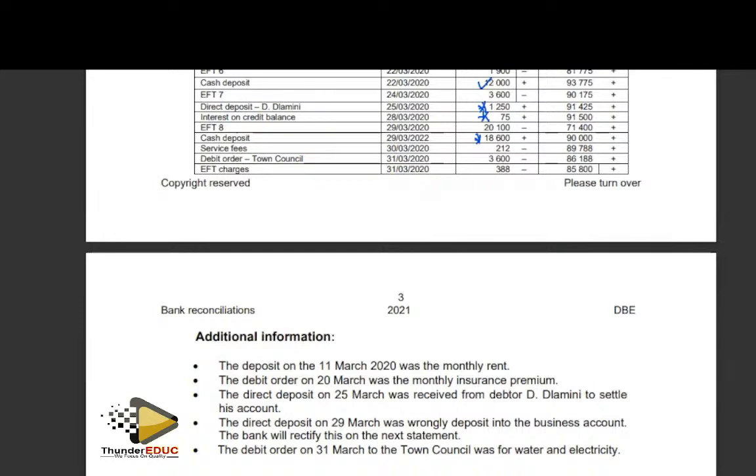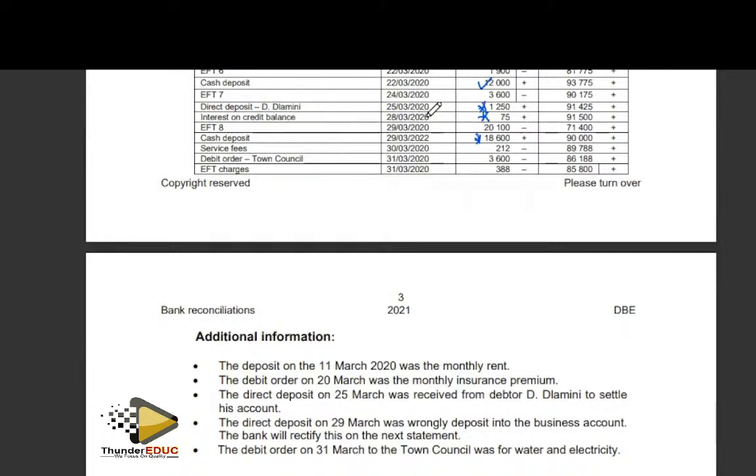Another item was for what? Interest. We received the interest from the bank, 75 rand. You see that?